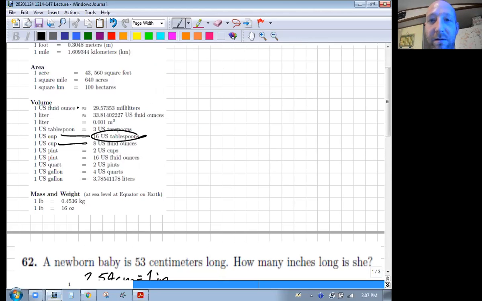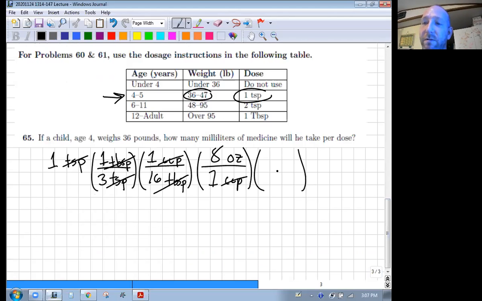And 29.57 milliliters per ounce. Get rid of ounces, milliliters. So we have our milliliters. We got to do 8 times 29.57. Divide by 3.